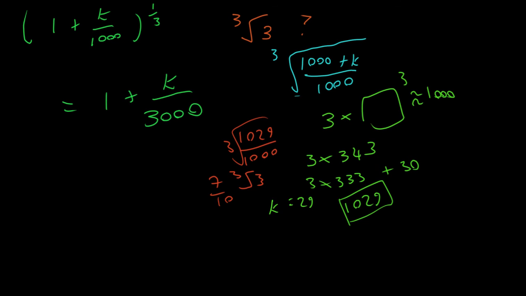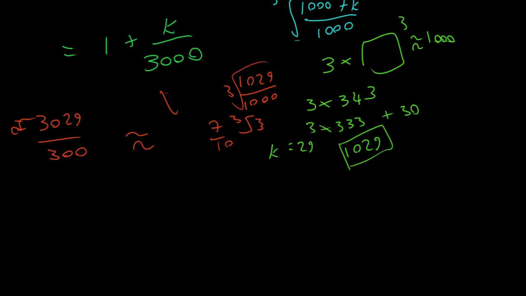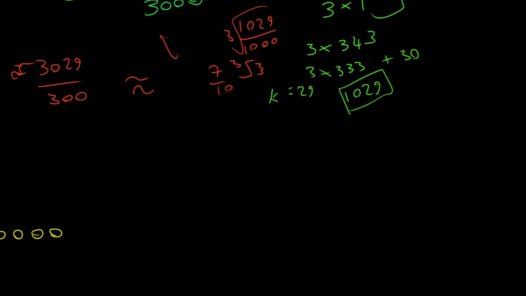And this will be very similar to this dude here. If k is 29, what's going to happen is we go 3029 over 3000. And we have that these are approximately equal. Okay? Now notice, I want to basically, sorry, there should be another 0 there. I want to basically take this 7/10 and move it over to that side. So a lot of you might times by 10 and divide by 7.